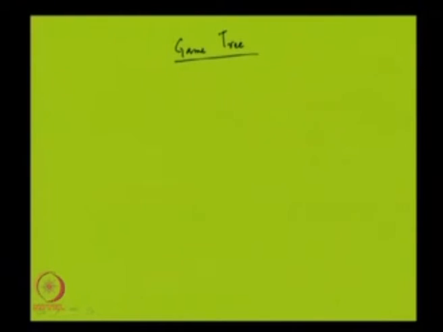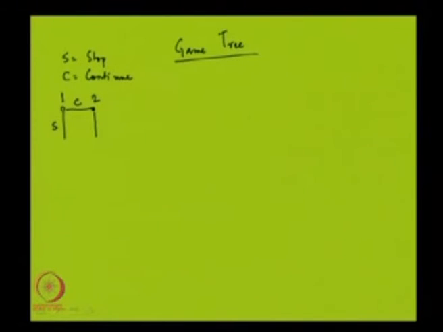I know the starting point is player 1, and player 1 can say stop, S is stop, and C is continue. It can say continue. If it continues, the game reaches player 2. If stop is the decision by player 1, the game ends there, it is terminated there.